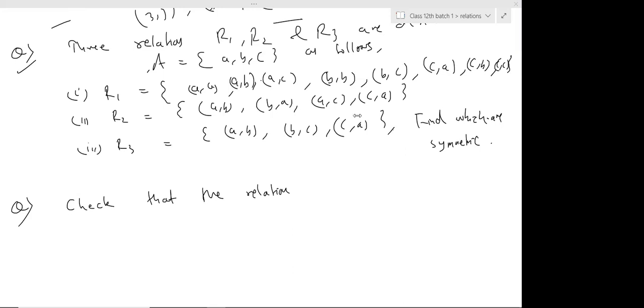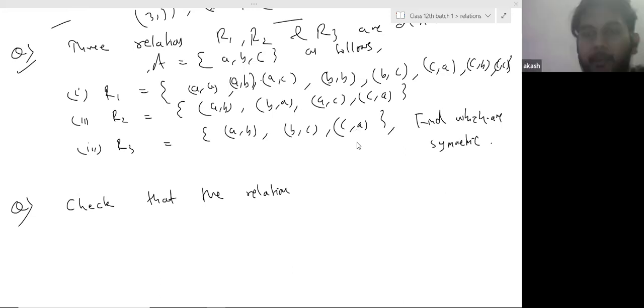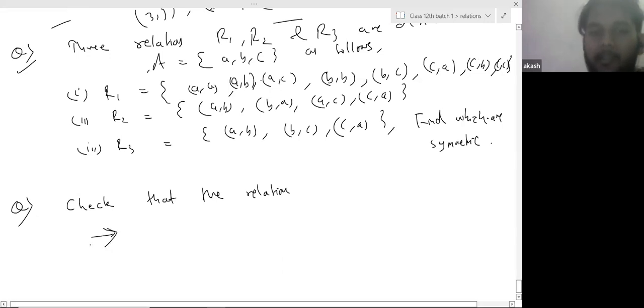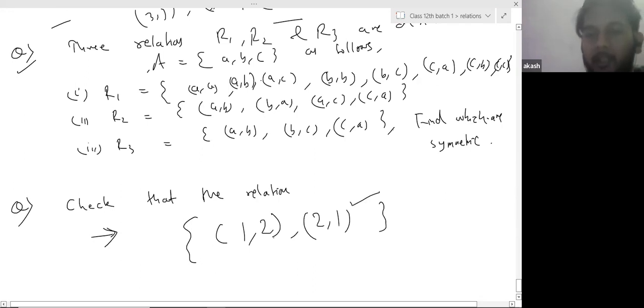Sir, can you please explain the symmetric again? All right, see, you don't have to focus on anything else, just look at this. If you have got 1, 2, then you must have 2, 1 also. It doesn't matter what else you have in here.